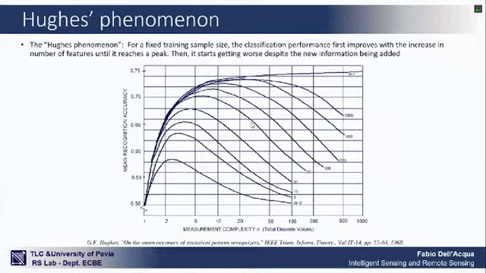When you have, and this is the number of bands or number of information items, so in our case, the number of bands that you provide about the unknown object that you are observing.